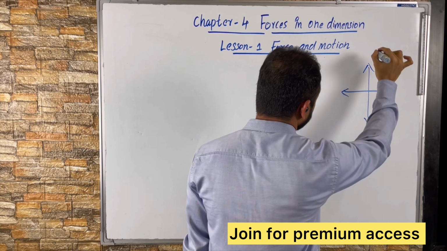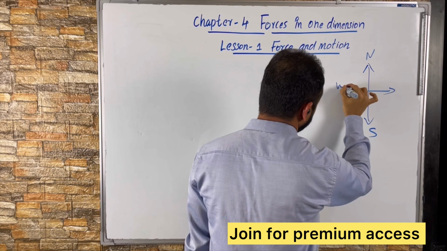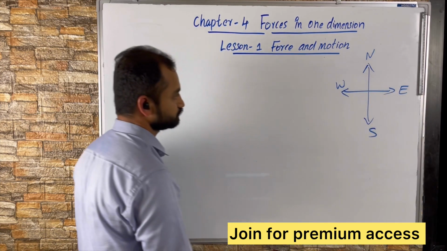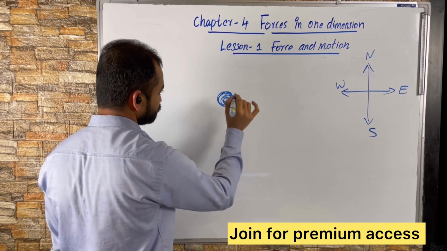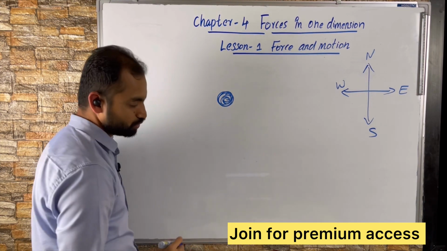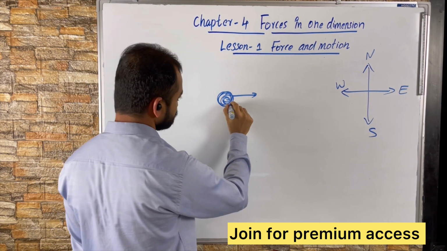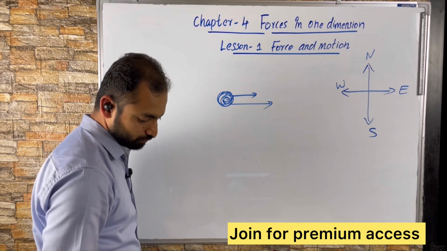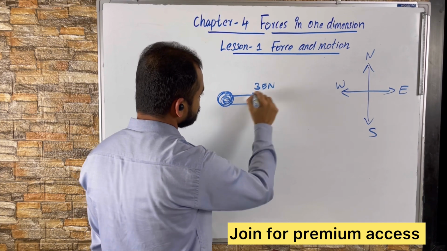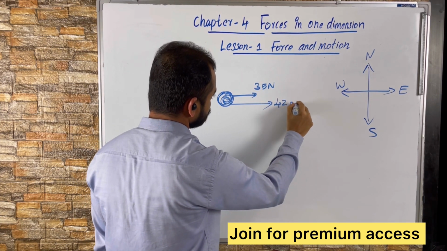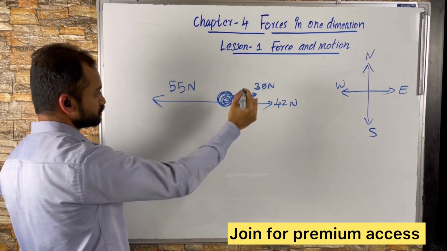This is north, right? South, west, east, right? So there are 3 dogs pulling a sled across the snow, one applying 35 Newton east, the second 42 Newton east, and the third 55 Newton towards west.